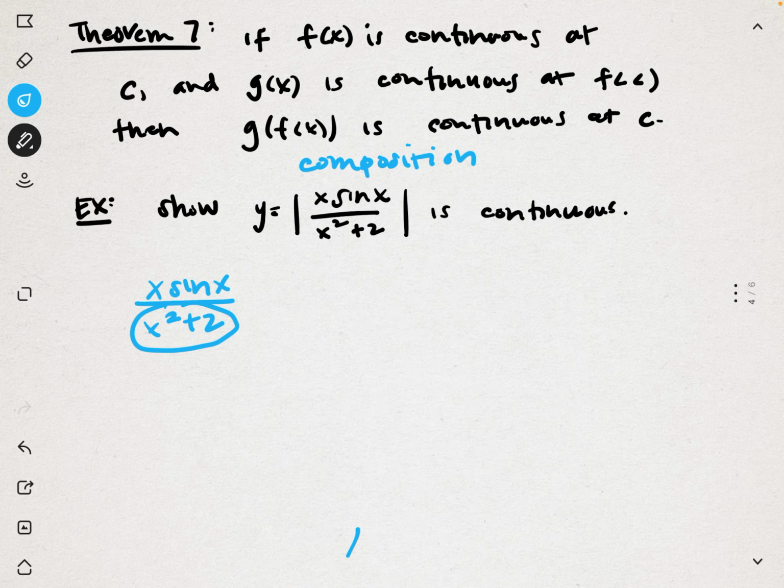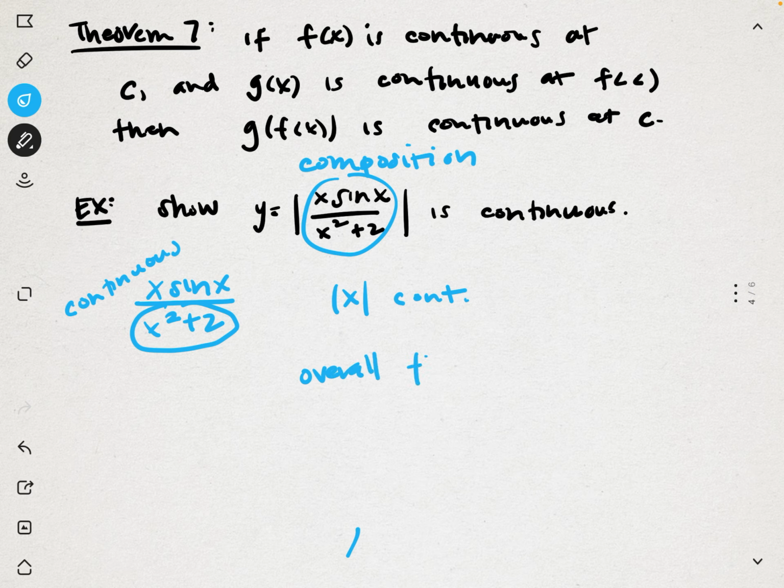We can't make this thing equal to 0, so we're good here. So this whole thing here is definitely continuous. And we also know that the absolute value function is continuous. This is continuous, that is continuous. So because we have a function made up of a composition of two continuous functions, overall, it is continuous.